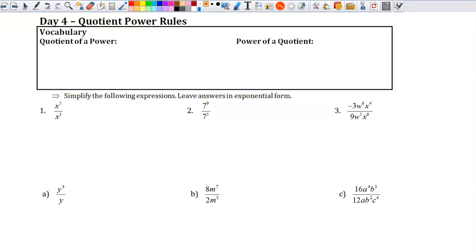Well, today is the same idea, except when we divide, we're going to divide coefficients or reduce fractions just like we would any other time. But with our like bases, we're actually going to subtract the exponents. So one more time. When we multiplied, we added exponents. But when we divide, we subtract them.